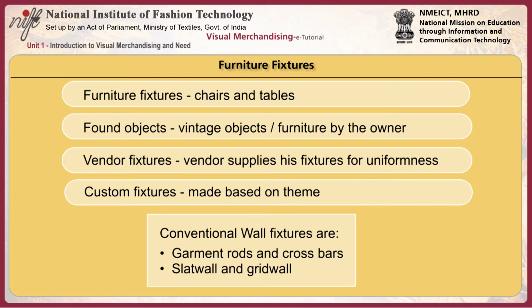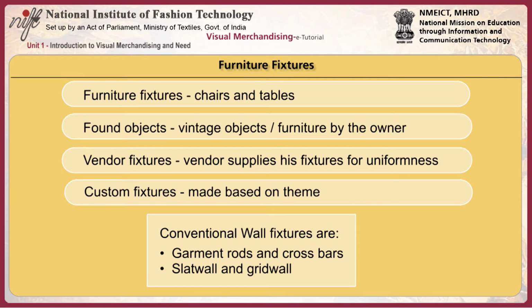And the last type, of course, is the custom fixtures, which are made based on the theme. So if the designer has his merchandise placed out there, then he gives the theme to the visual merchandising team, and they come up with custom designed fixtures, and these fixtures are called custom fixtures.